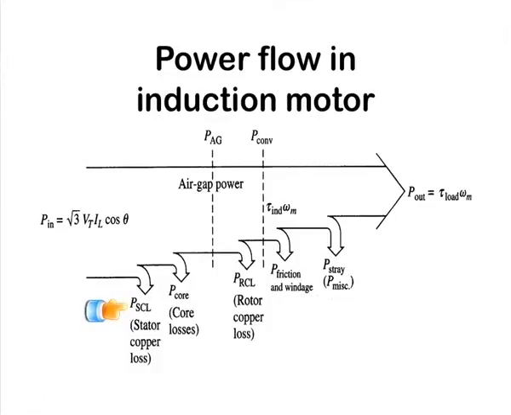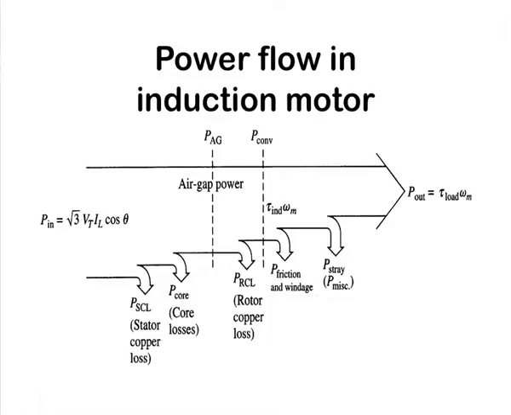In the stator winding, there is a stator copper loss that will be subtracted from it. Then there is a stator core loss, that will also be subtracted from it. After subtracting these two losses, we get the ultimate power in the air gap, and this power is known as power air gap, PAG. It is represented by PAG as you can see from the diagram.